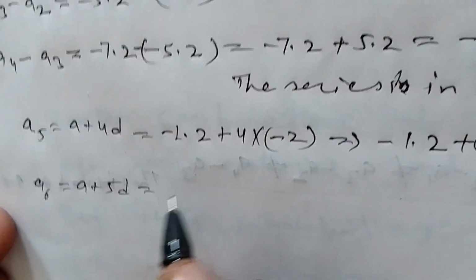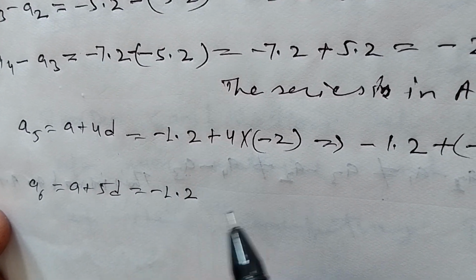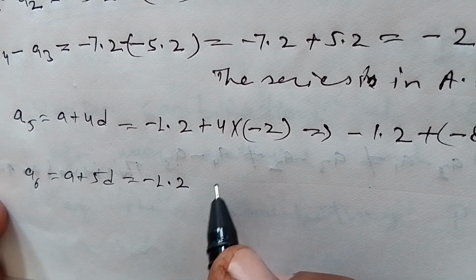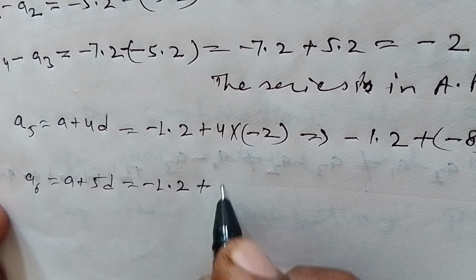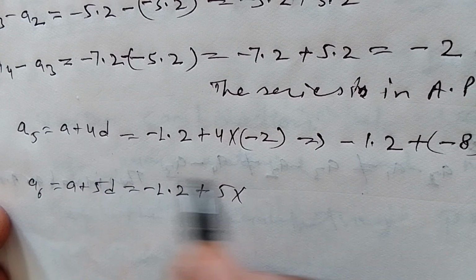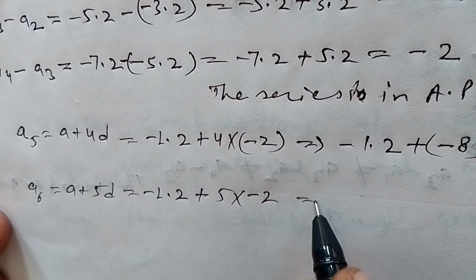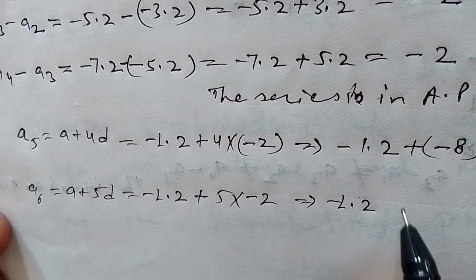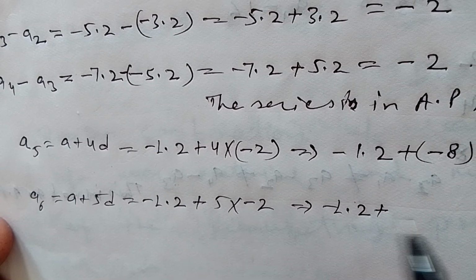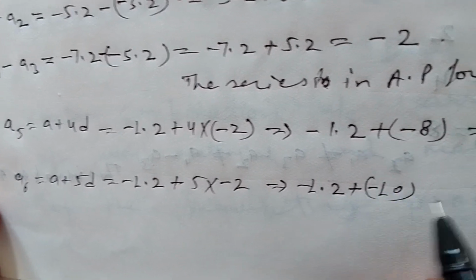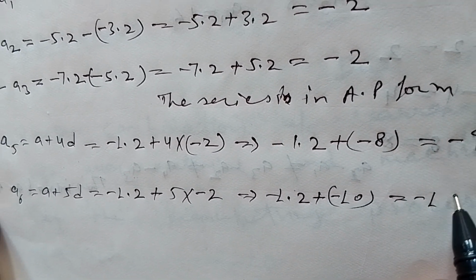Then A6. A6 is equal to a plus 5d. a is minus 1.2 and d is minus 2. So it comes out to be minus 1.2 plus 5 multiplied by minus 2, minus 10. It comes out to be minus 11.2.